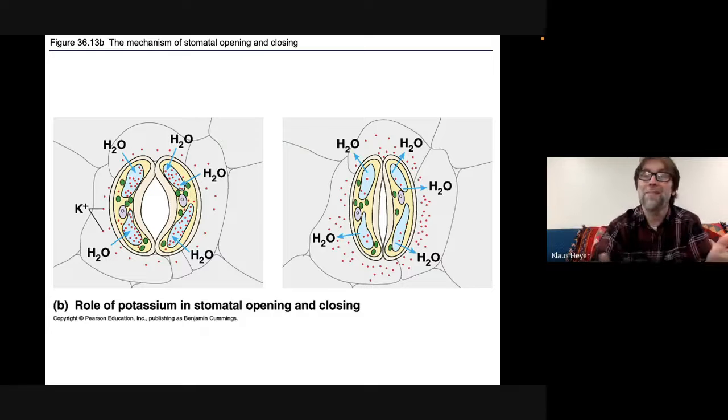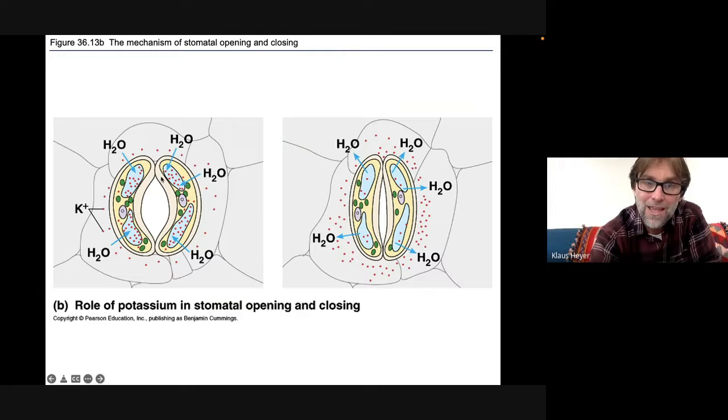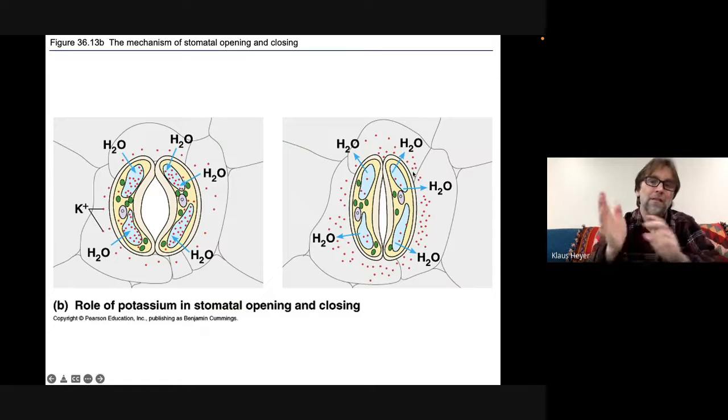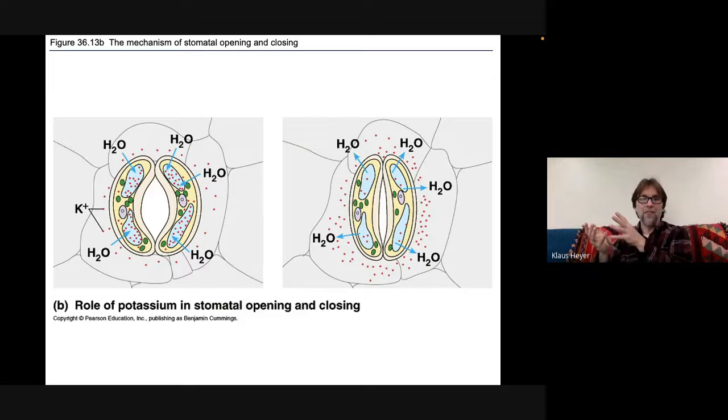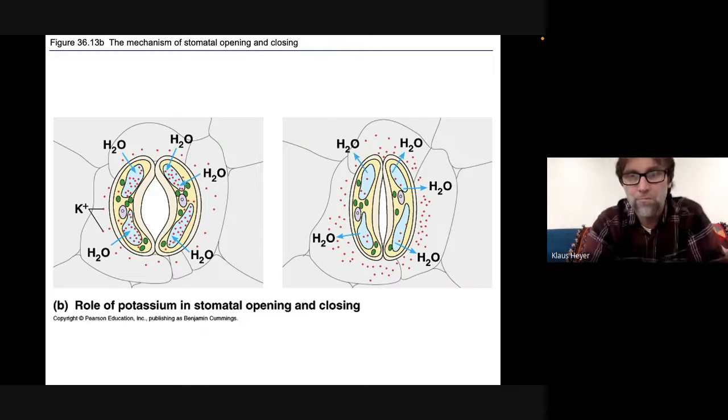Right, so they made the vacuole hypertonic, and that means that the water that's out here wants to go into the vacuole. And that makes this area in the middle buckle. And then when you want it to close, you just got to send the potassium out. The cell pumps the potassium out, and then the water follows the potassium, and then it goes back to its original closed shape.